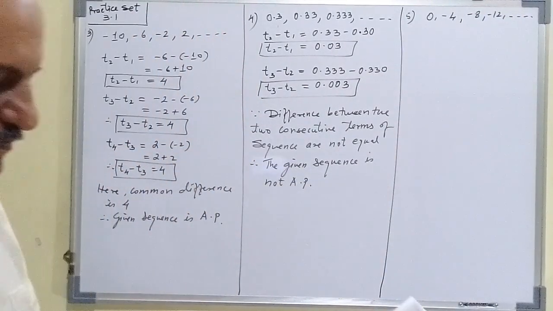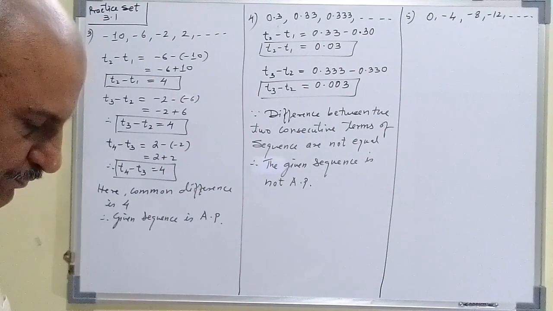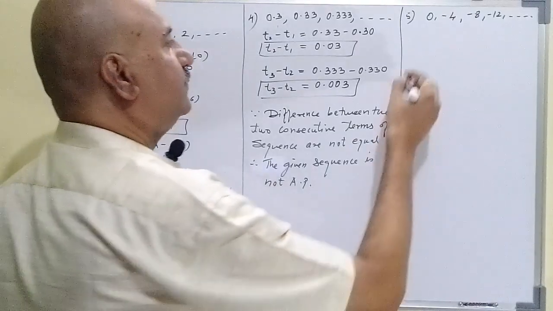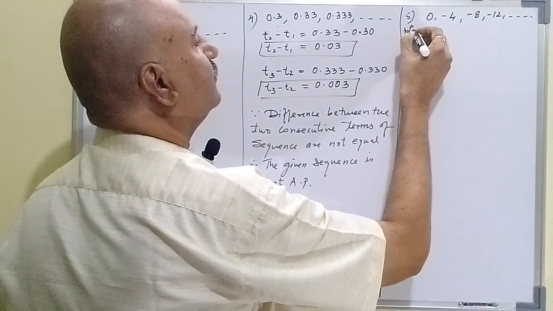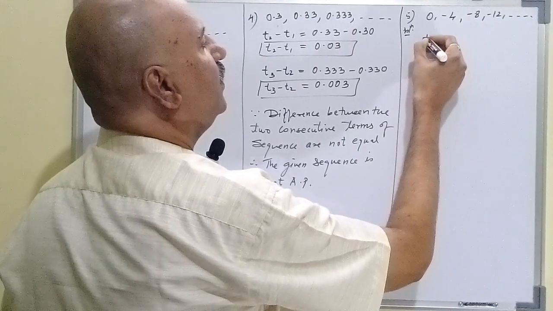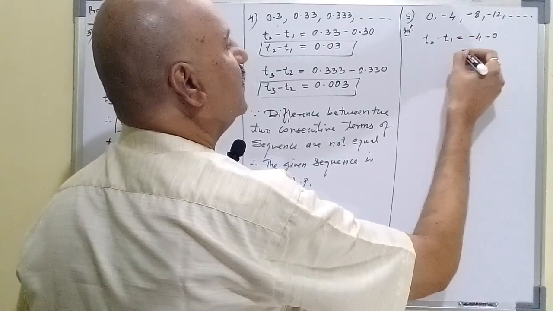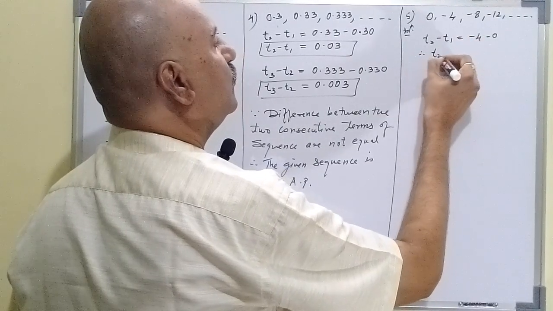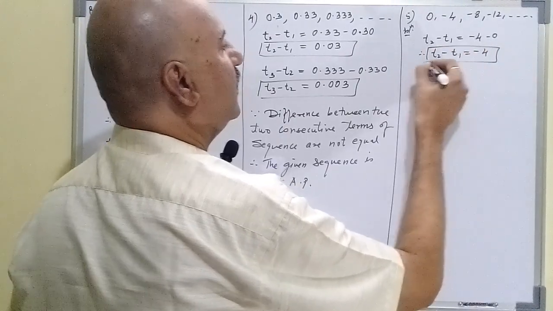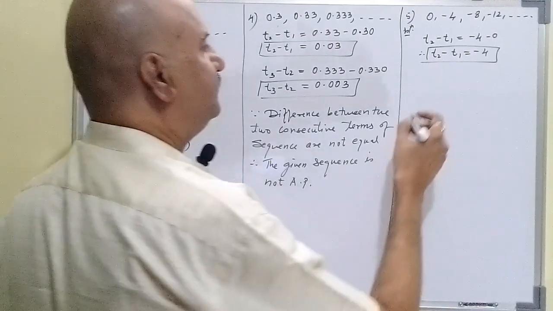Let's take the solution. These are T1, T2, T3, T4. So T2 minus T1 equal to -4 minus 0. Therefore T2 minus T1 is -4. This is the difference of the first two terms.